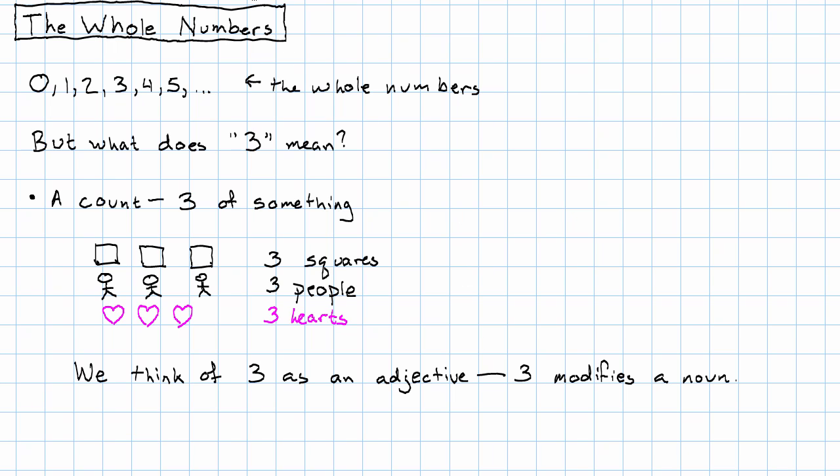Why? Well, because each of these groups has something in common. It has in common the 3-ness of the group. So in some sense, 3 squares, or 3 people, or 3 hearts, or 3 of whatever, there's something shared. And that's what we call 3.